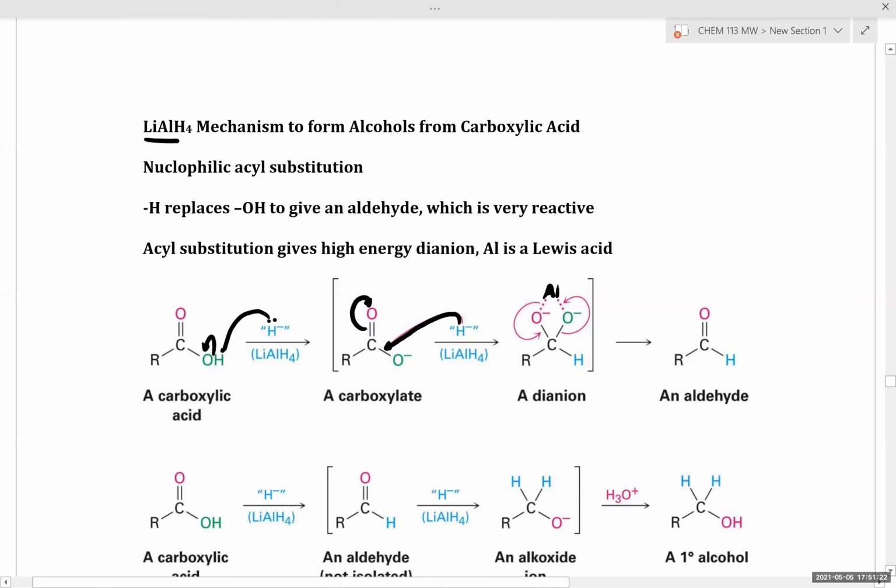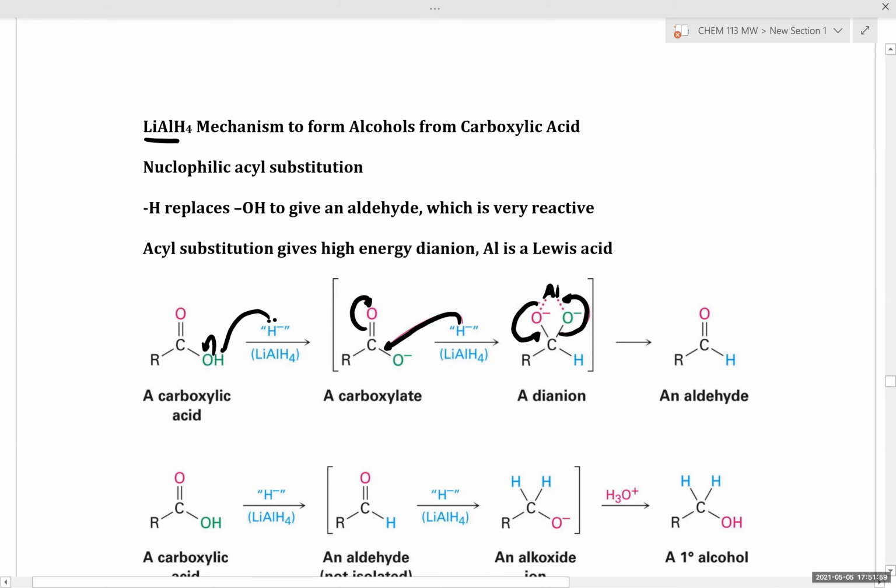Aluminum helps coordinate the anionic oxygen atoms, and it can help facilitate loss of our oxygen atom leaving group. Because rather than losing a hydroxide or O2 minus equivalent, instead, this oxygen atom is coordinated to aluminum and activated as a leaving group. Does this idea of Lewis acid activation make sense to everyone?